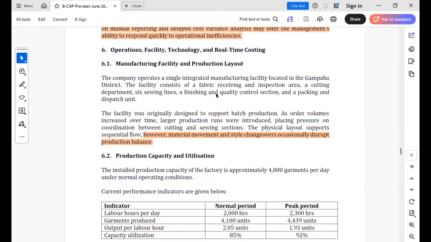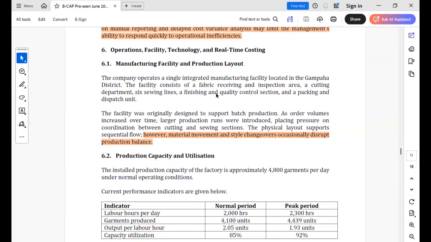The company operates a single integrated manufacturing facility. So we notice, okay, they are operating in Gampaha district. The facility consists of the fabrics receiving and inspection area, cutting department, 6 sewing lines, finishing and quality control section, and the packing and dispatch unit.